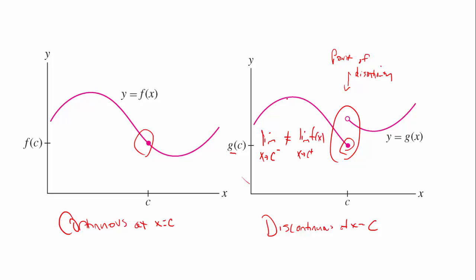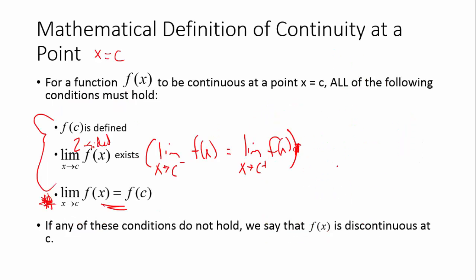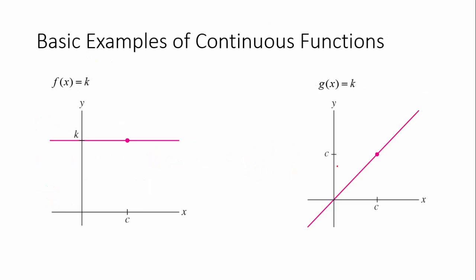Because as we go to the left, we get closer and closer to the dot, but as we come in from the right, we get closer and closer to the hole. So as a result, the limit as x approaches c of f of x, the c should actually be down here, does not exist. So we've broken one of those three conditions, so we have a discontinuity at c.